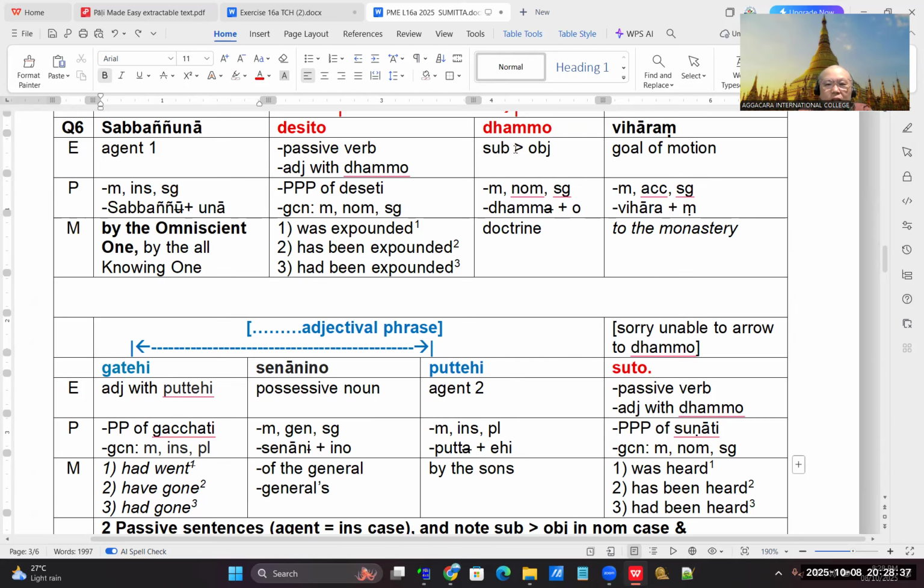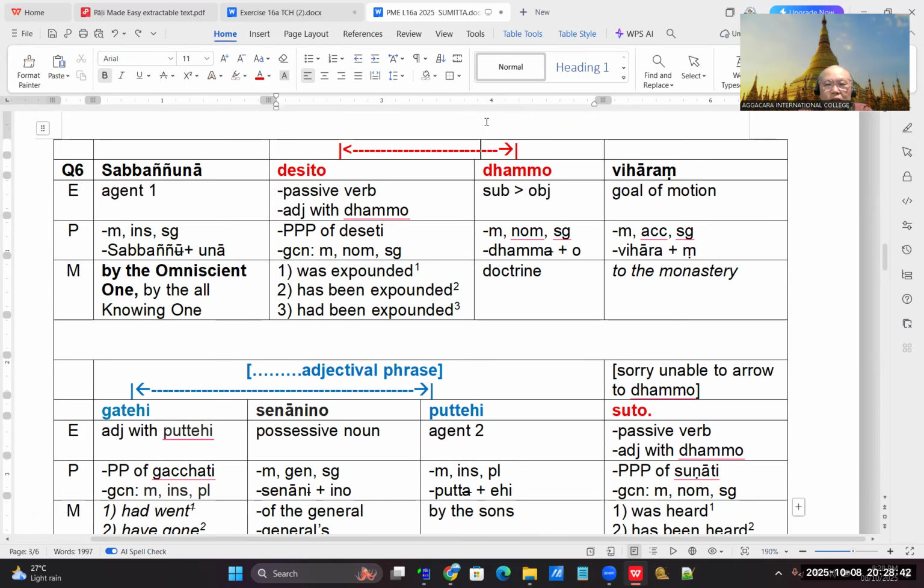So who's the subject here? The Dhamma, and this Dhamma is described by this one. What kind of Dhamma? The Dhamma expounded by the omniscient one.